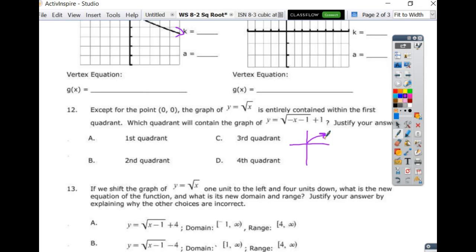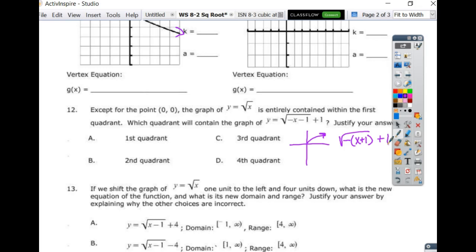Then it says, which quadrant will contain this graph? So what do I have underneath the square root? Negative. So I have to take out the negative, so I get x plus 1. So what does the negative tell me? Over which axis this time, though? Y. So that means this is going to flip which way?